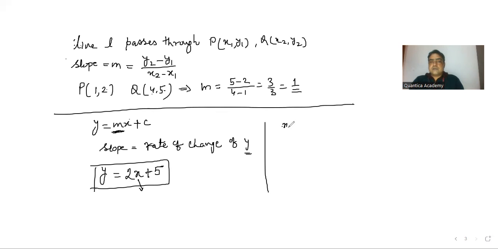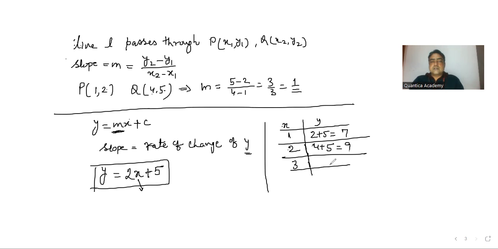Let us construct a table. For x equals 1, y gives you value of what? 7. 2 plus 5, that is 7. For x equals 2, the value of y becomes 2 into 2 is 4 plus 5, that is 9. Then for 3 it is 3 into 2 is 6 plus 5, that is 11, and so on.